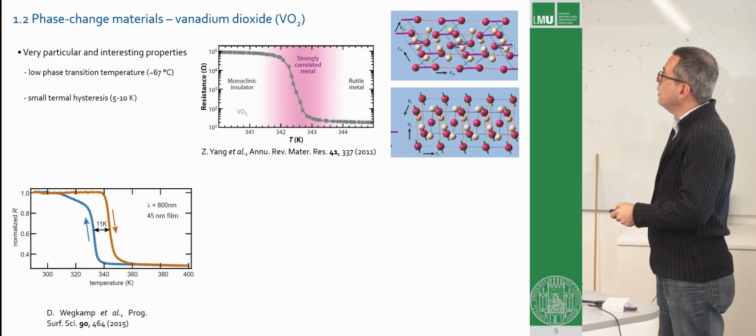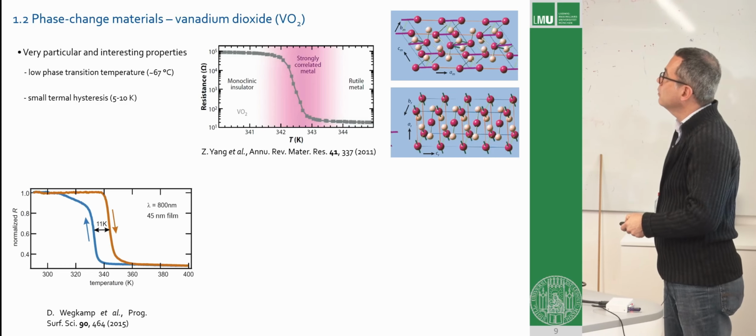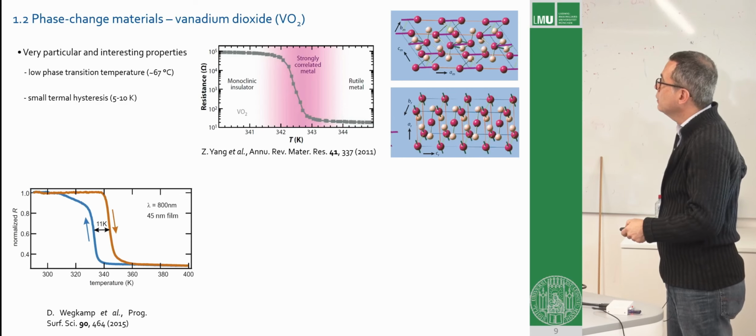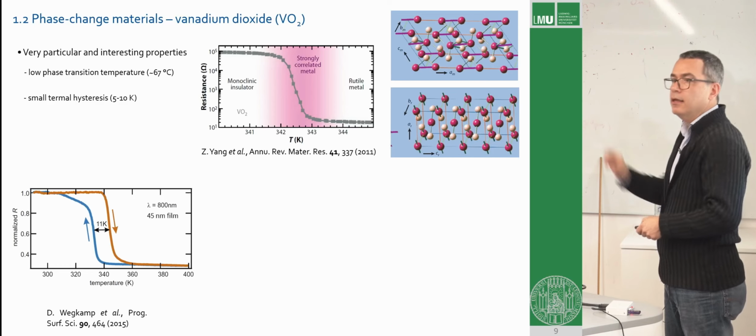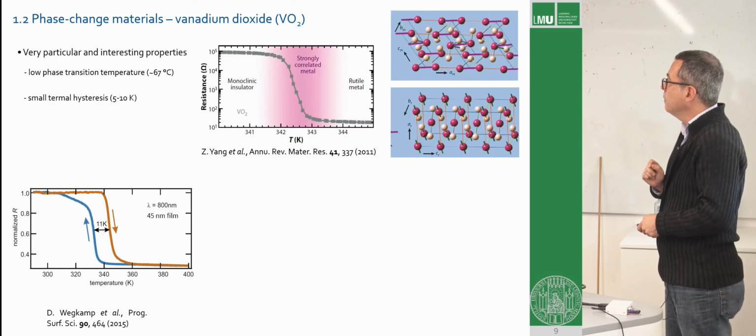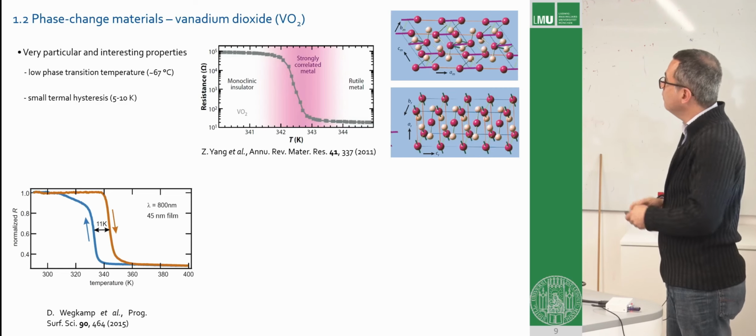This phase change presents a small thermal hysteresis. So this means that when we increase the temperature, we get this hysteresis curve here, and this is a very, very thin hysteresis cycle, which is important in many applications.